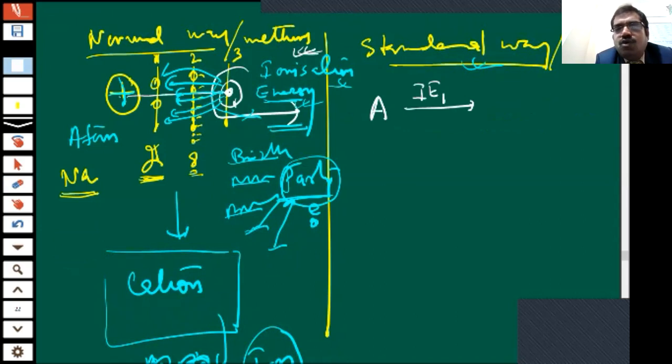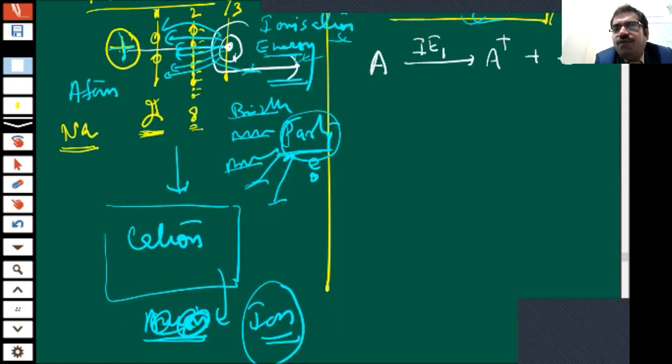So you can remove many electrons from one single atom. If you have removed the first one, it is known as IE1. One electron is removed, it will become a cation and the electron will be lost. If you want to remove another electron, then you have to give IE2, the second ionization energy.